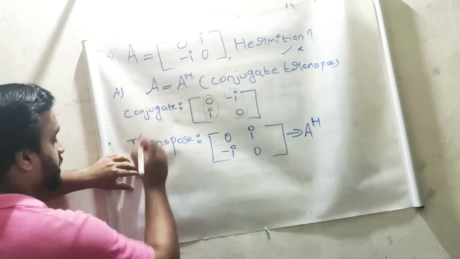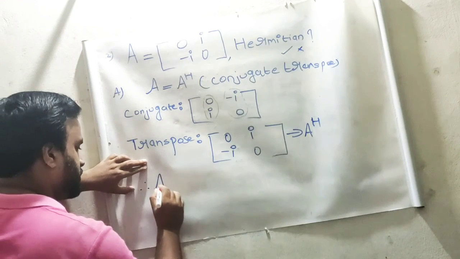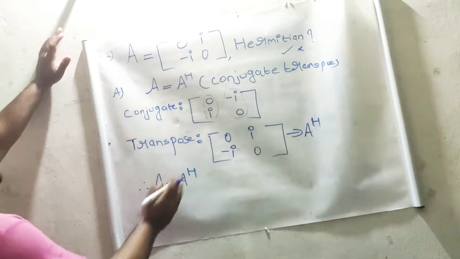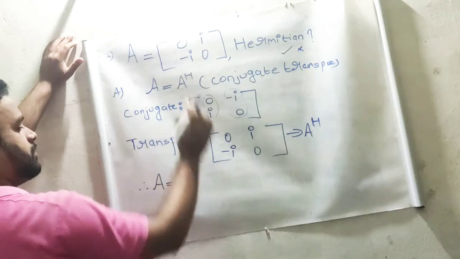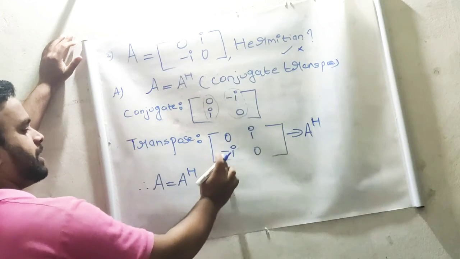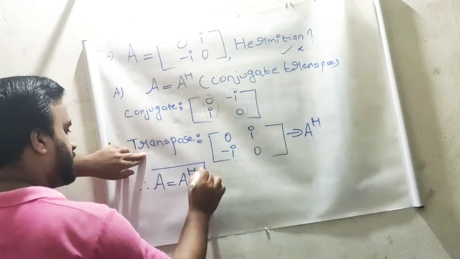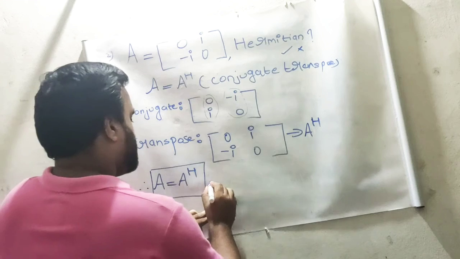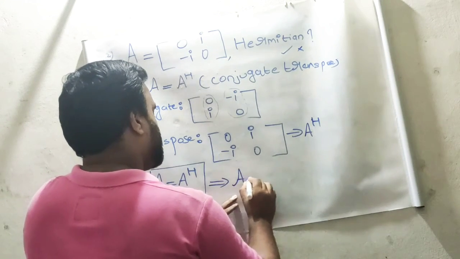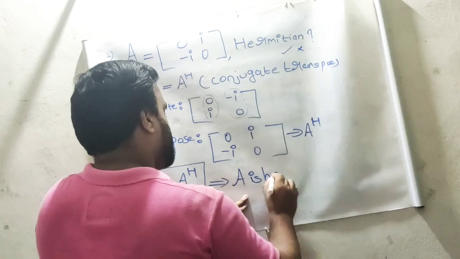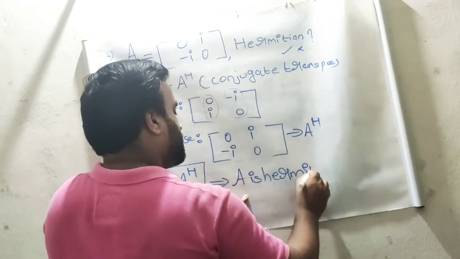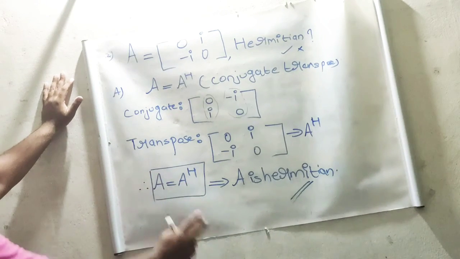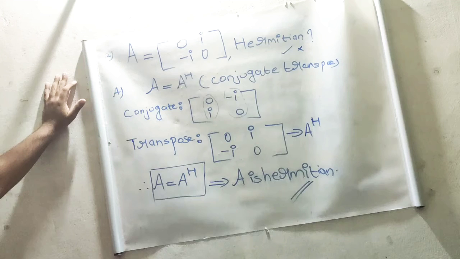This conjugate transpose is equal to the matrix A. The matrix A is [0, i; minus i, 0], and the conjugate transpose is also [0, i; minus i, 0]. Both matrices are the same. So we can say that the matrix A is Hermitian.